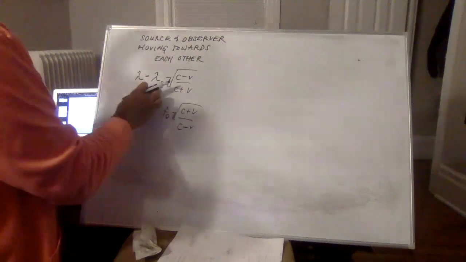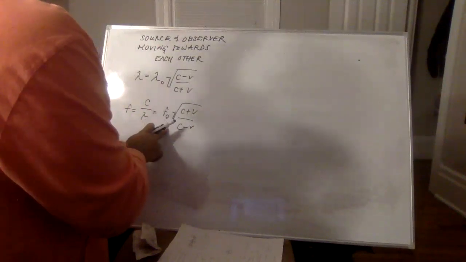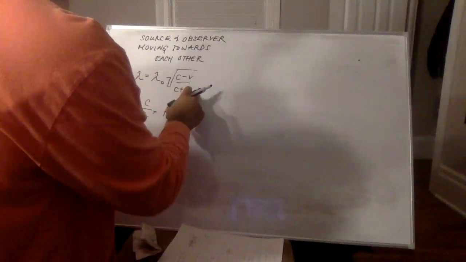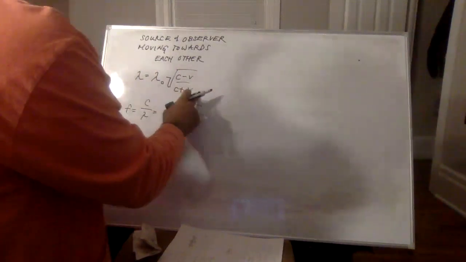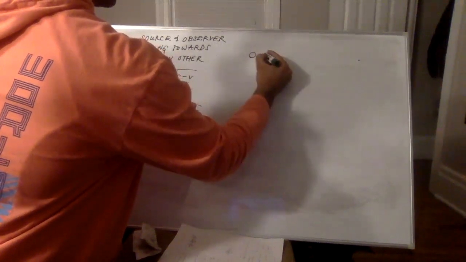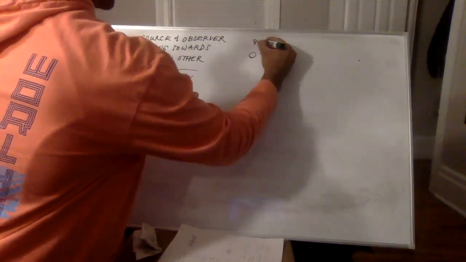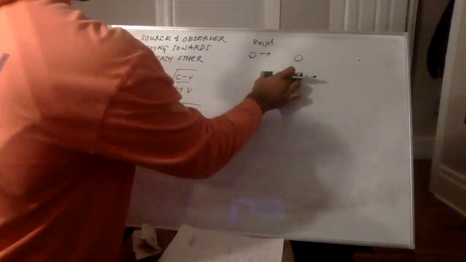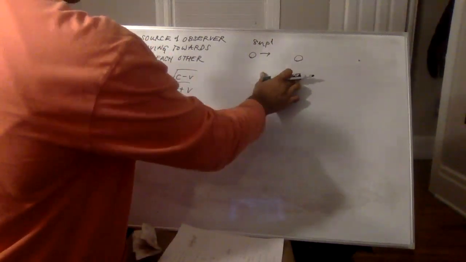Our lambda is our wavelength. Lambda naught would be what the wavelength would be if the source was not moving. Same thing with F naught, what the frequency would be if the source is not moving. Our V is the velocity at which the source and observer are moving towards each other. So if we have an object moving 8 miles an hour towards another object, our V would be 8 miles an hour.